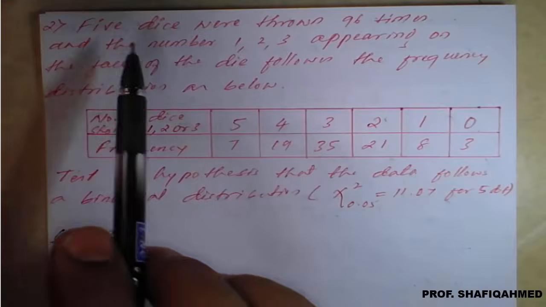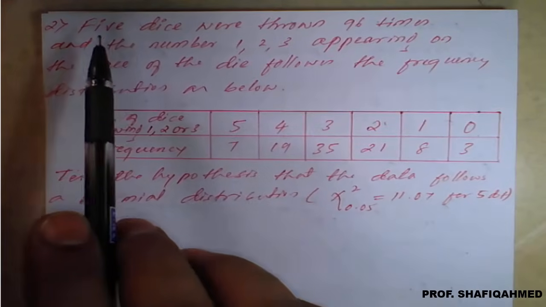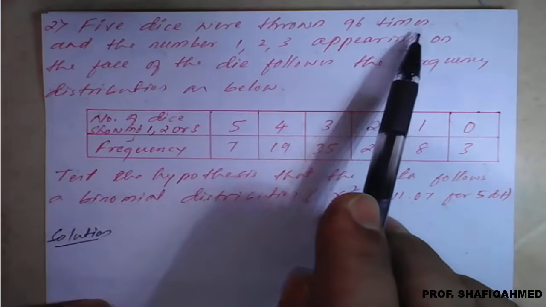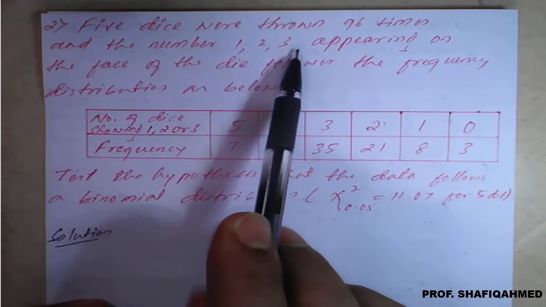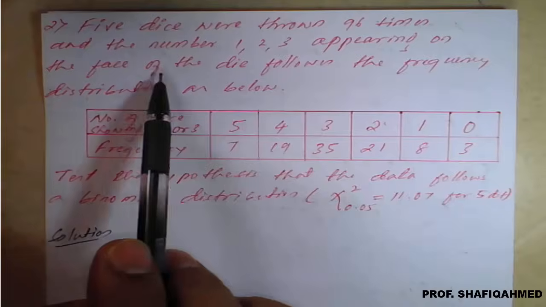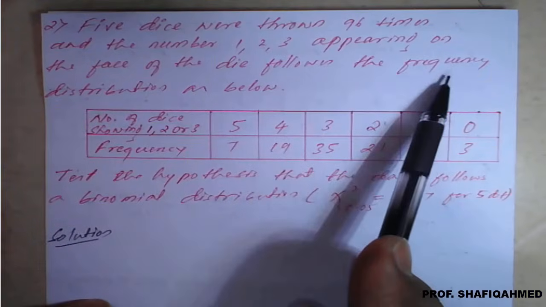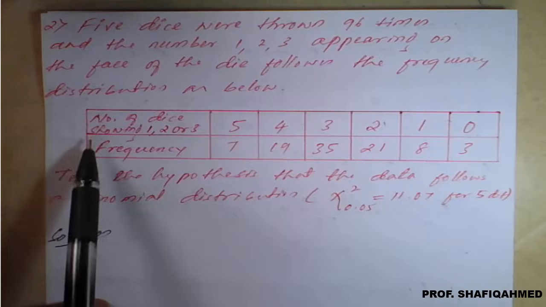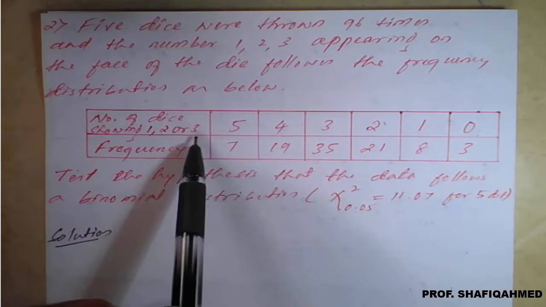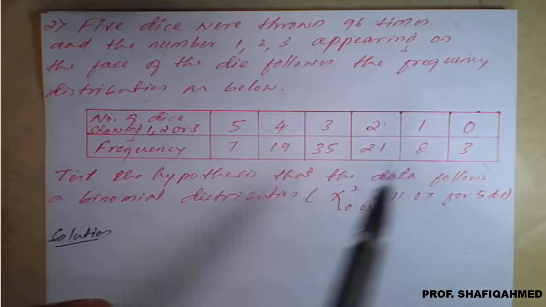Next example is: 5 dice were thrown 96 times and the number 1, 2, 3 appearing on the face of the die follows the frequency distribution as below. So these are the values they have given, with respect to the frequencies.